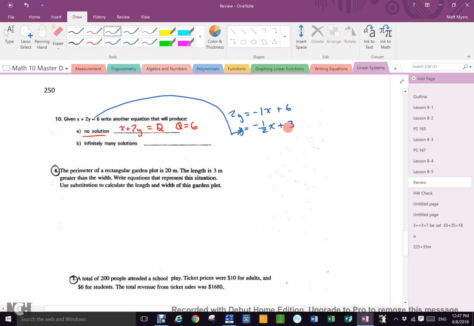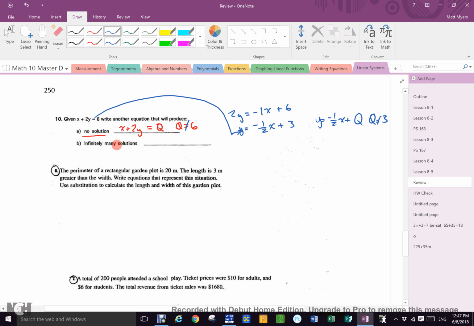So to have no solution, it would be y equals negative 1/2 x plus what? Any number except what? 3. Q can't equal 3. Q can't equal 6. Everybody cool? Everybody good? All right.